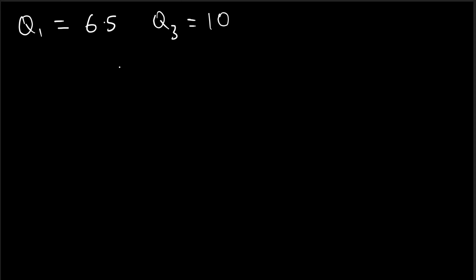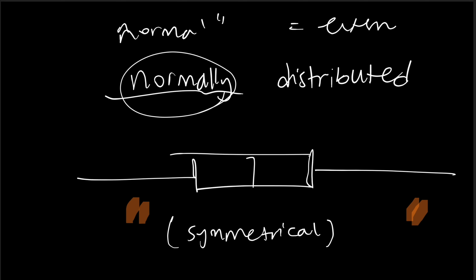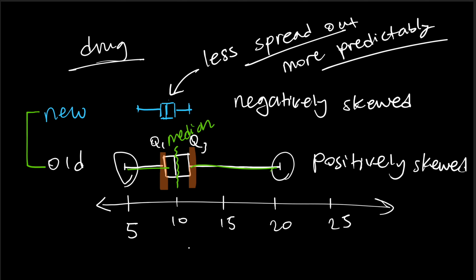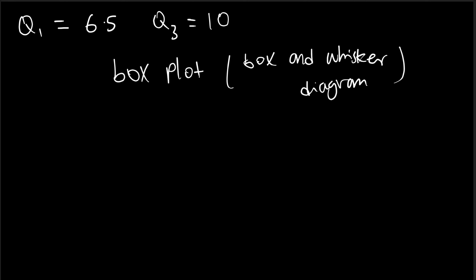And can we draw a box plot, also known as a box and whisker diagram, which is a video I covered a couple days ago. This is a box and whisker diagram, which are also called box plots. And we can create a box plot to show this information.